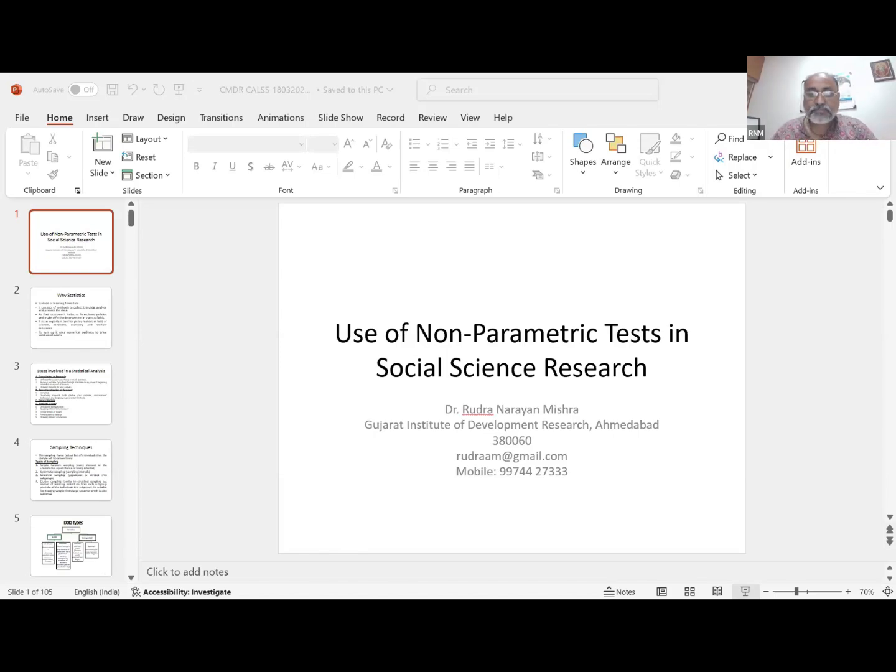This is just to refresh yourself before we go. So when you have ordinal and nominal data, and your continuous data is not normally distributed, that is, the distribution is skewed either way, then non-parametric tests are one way to overcome such hurdles to draw meaningful inferences.